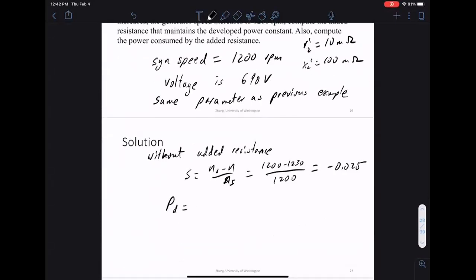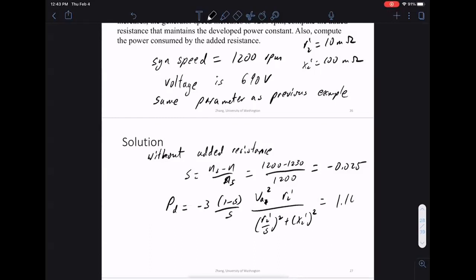PD is minus 3, (1 minus S) over S, times I2 prime squared, times R2 prime. Plugging in all these numbers, we get 1.148 megawatts. So the idea is to add enough resistance to keep the developed power the same at a higher speed.